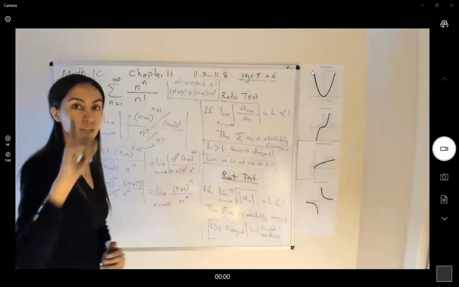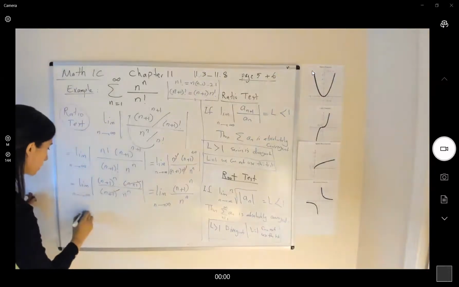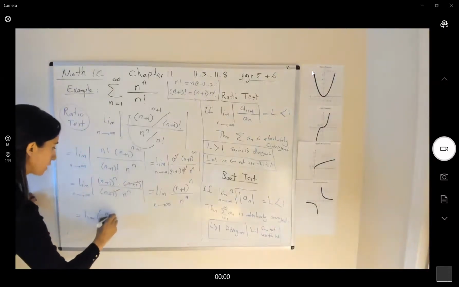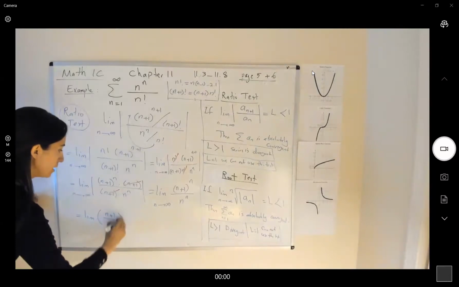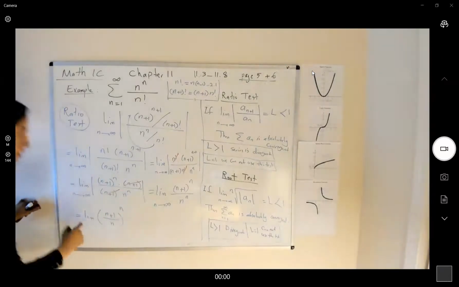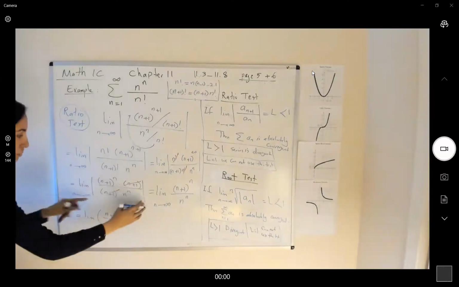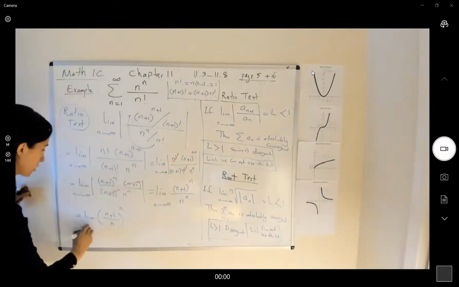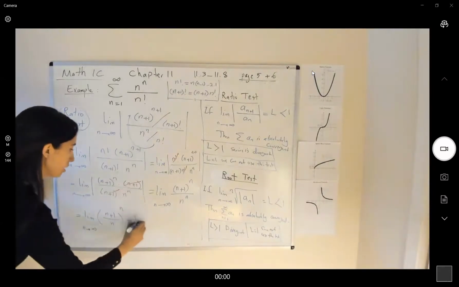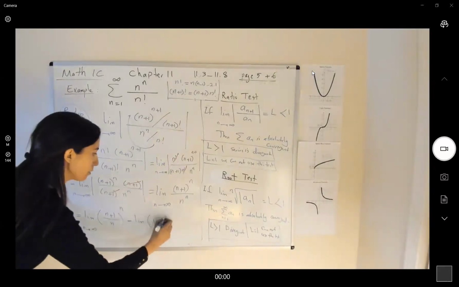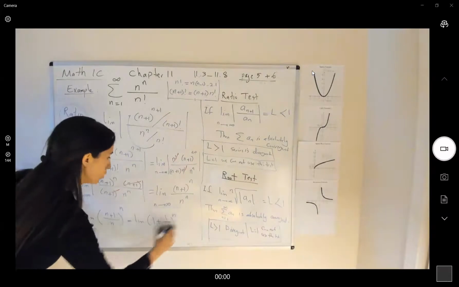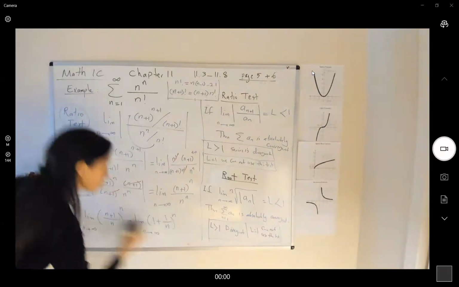So let us get back to Calc 1. This is the limit of ((n plus 1) over n) raised to the n. Since n is greater than 1, we can get rid of the absolute value. As n goes to infinity, this is the limit of (1 plus 1 over n) to the n, while n goes to infinity.